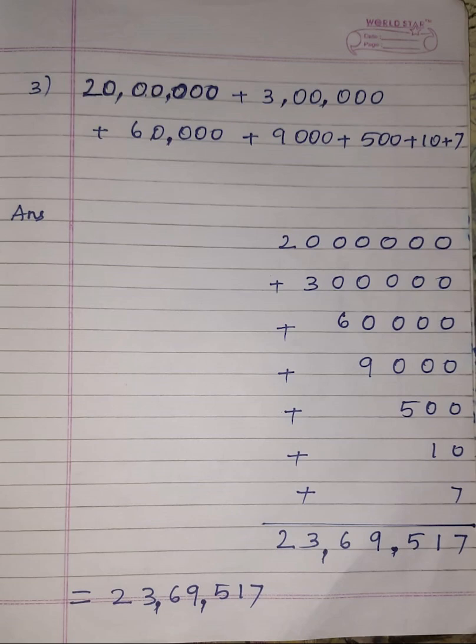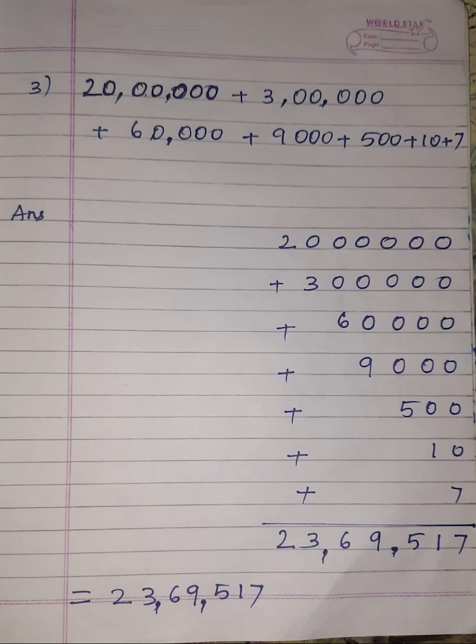We will start the answer by first writing 20 lakhs, children. When you write 20 lakhs, leave space between the digits. Now leave one line, then write plus 3 lakhs. Again I'm telling you, do not misplace the digits.